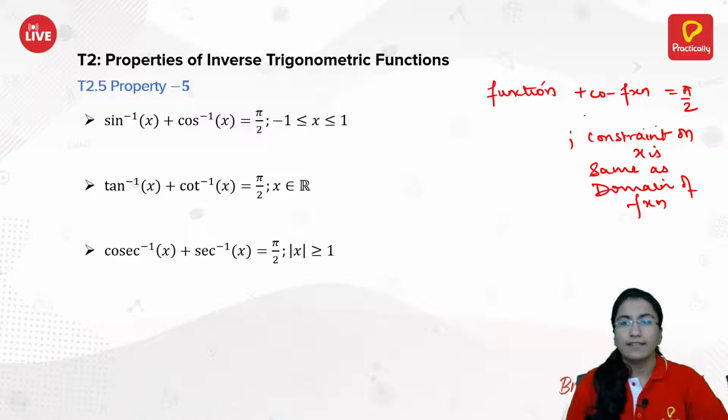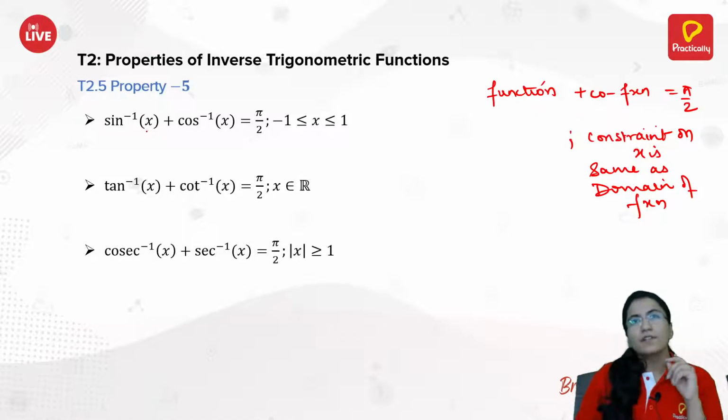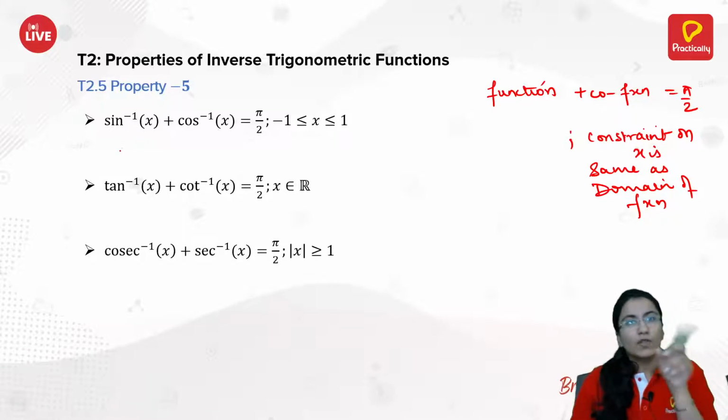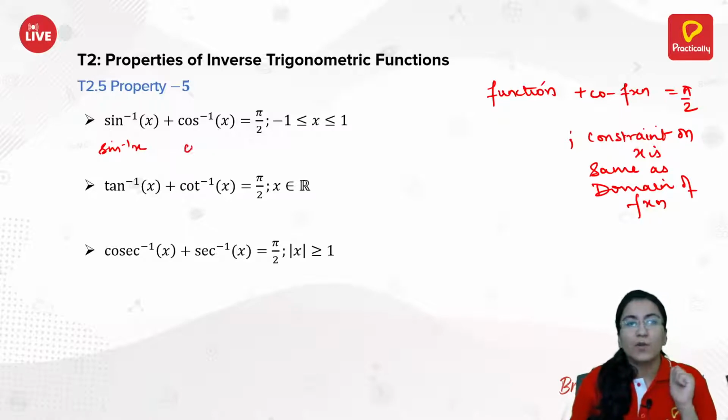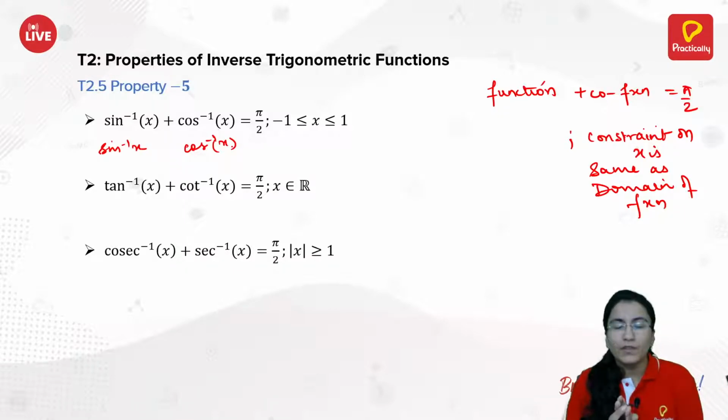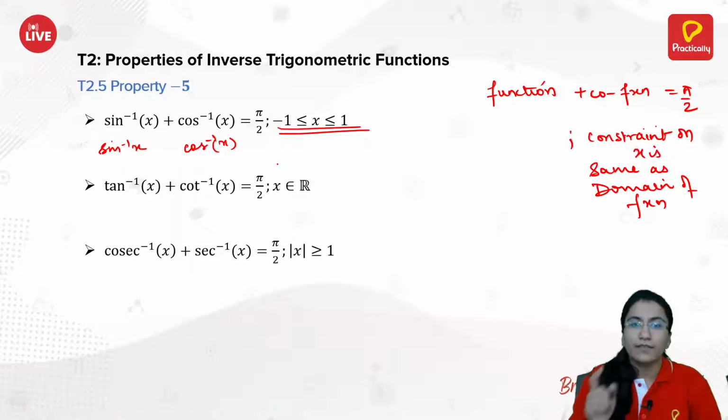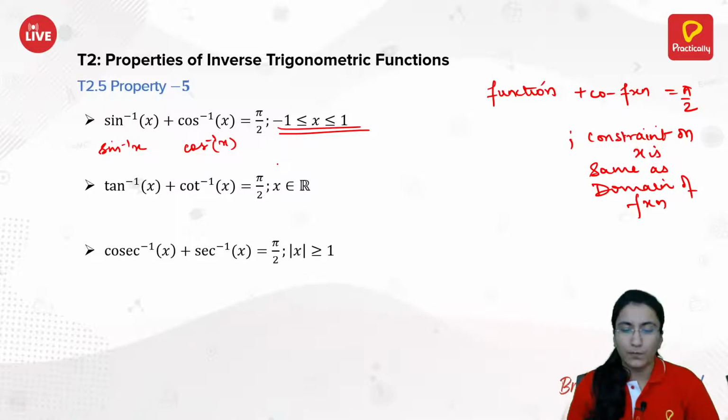How? Let's see. Function and its cofunction. Let's say sine inverse x is a function, so its cofunction is cosine. So sine inverse x has its cofunction as cosine inverse x, right? Adding both, you get pi by 2. And the constraint on x is that x varies from -1 to 1.